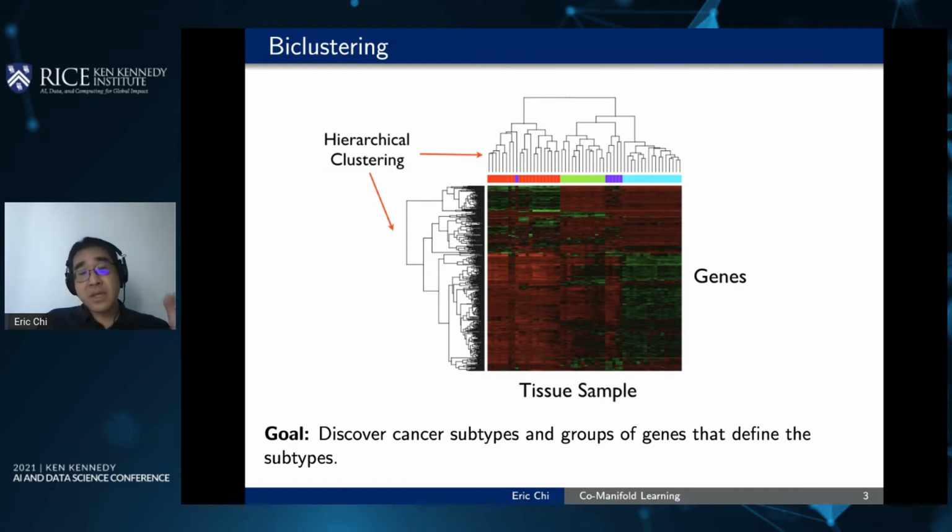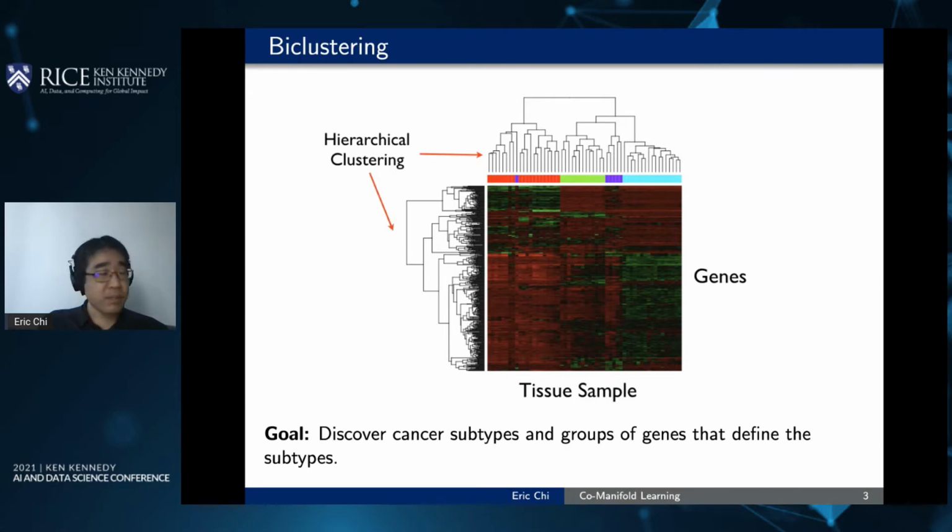Each individual cell entry in this matrix has been color-coded to quantify the activity level of different genes in different tissue samples. And the goal in this context is you'd like to be able to discover or learn new cancer subtypes, and then simultaneously to identify gene groups or features that are defining these subtypes.